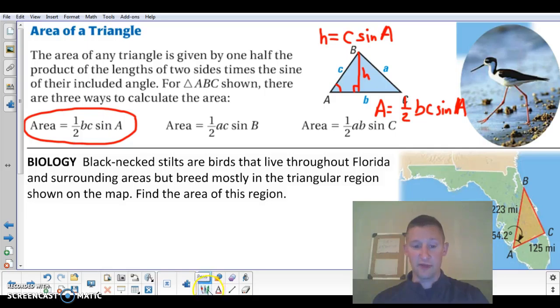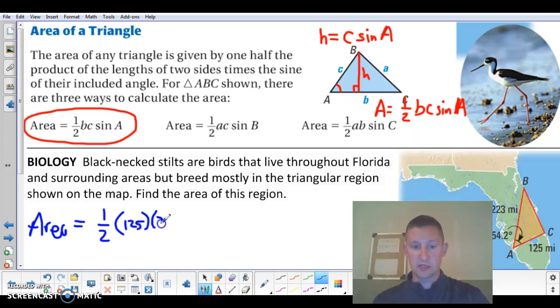To find the area, all I got to do is take 1/2 times the two sides that I know, which happen to be 125 and 223, times the sine of the included angle, the one that's in between them, which happens to be 54.2 degrees. Okay? 1/2 times 125 times 223 times the sine of 54.2 degrees.